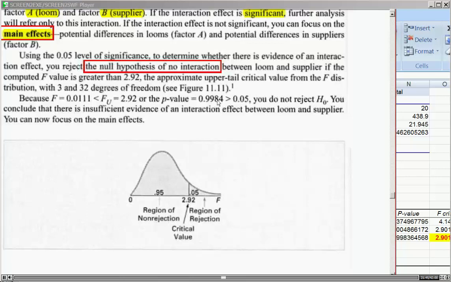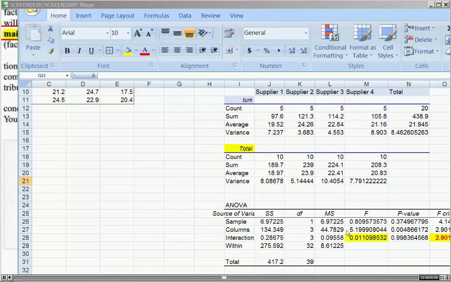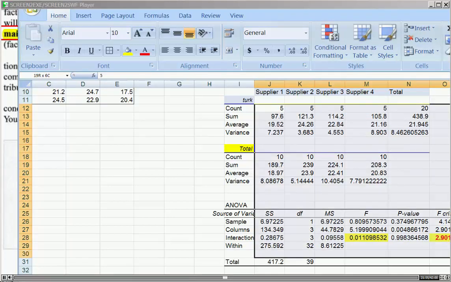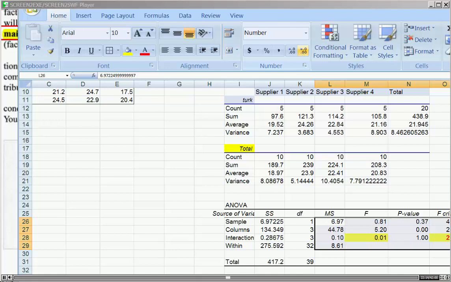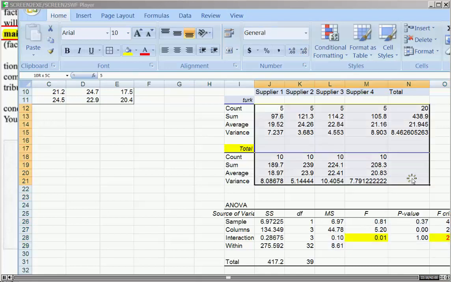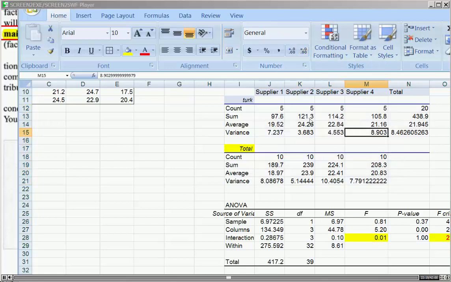The p-value of 0.9984, do we have it? Right here, 0.9984. Let's do this. This is annoying. Too many cells.